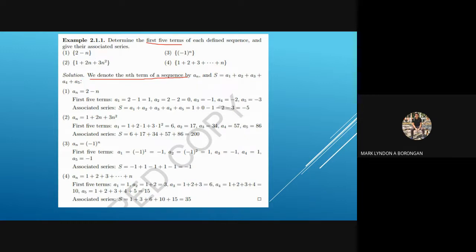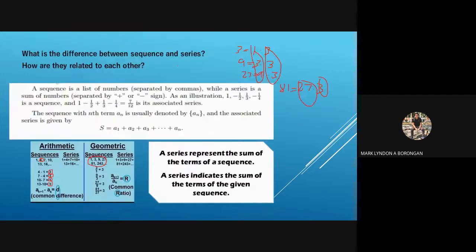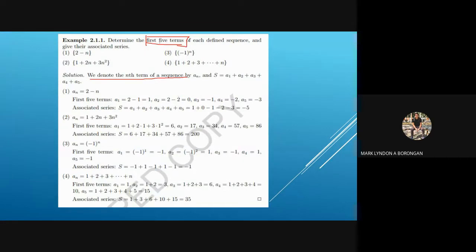Anong a sub 5 ang taman? Because we will determine the first 5 terms. Okay? First 5 terms man siya. So, according sa itong formula, since atong a sub n diari will be the 5th term, tama na siya sa a sub 5.